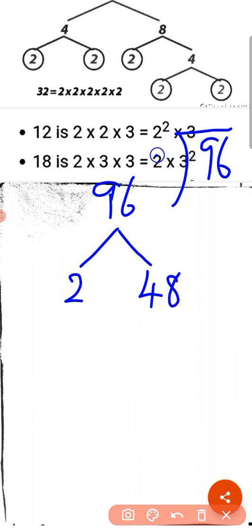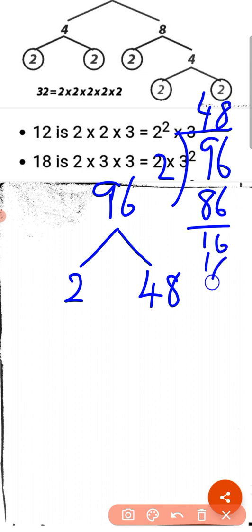Divide and check. So our quotient is 48.